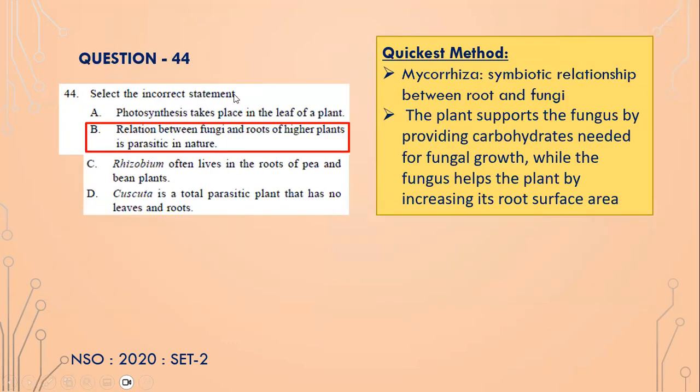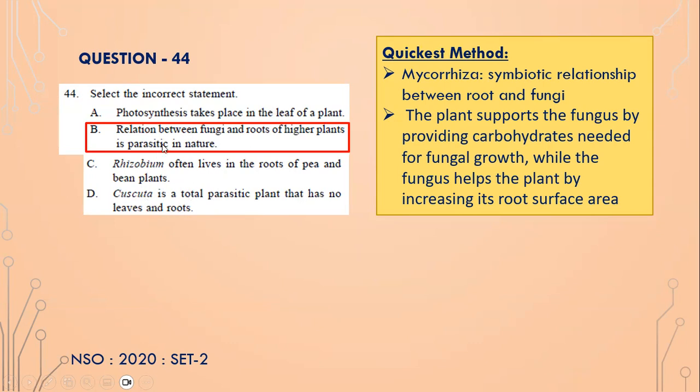Select the incorrect statement. Photosynthesis takes place in the leaf of a plant, which is correct. Rhizobium often lives in the root of pea and bean plants, correct. Nitrogen fixing bacteria. And Cuscuta is a total parasitic plant, which is correct. The long, thin, green colored plants which have no leaves and roots are Cuscuta. So all these are correct.